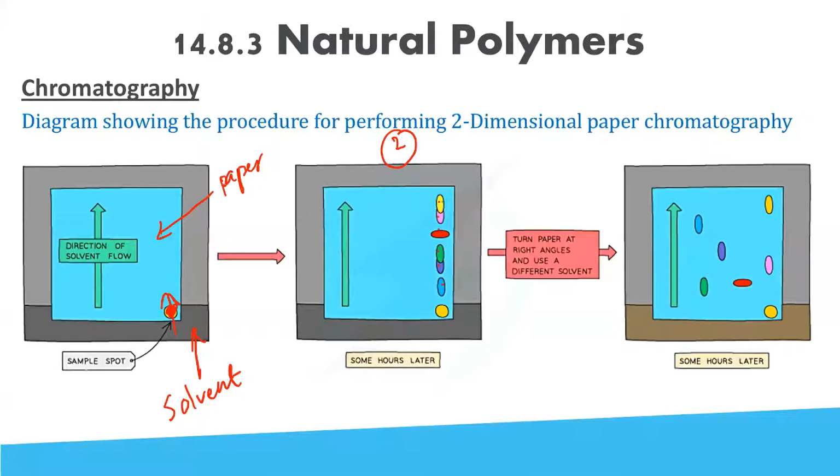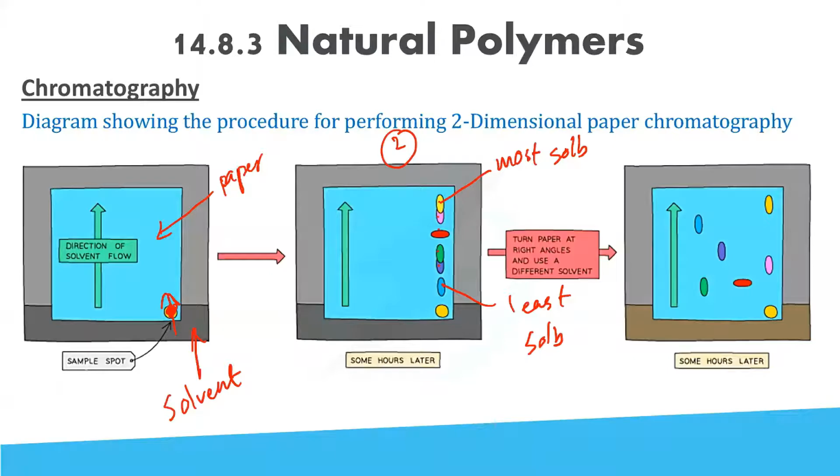The spot at the top is the one which is most soluble. That's how chromatography identifies different substances based on how soluble they are. So the first one is the most soluble, and the last one is the least soluble.